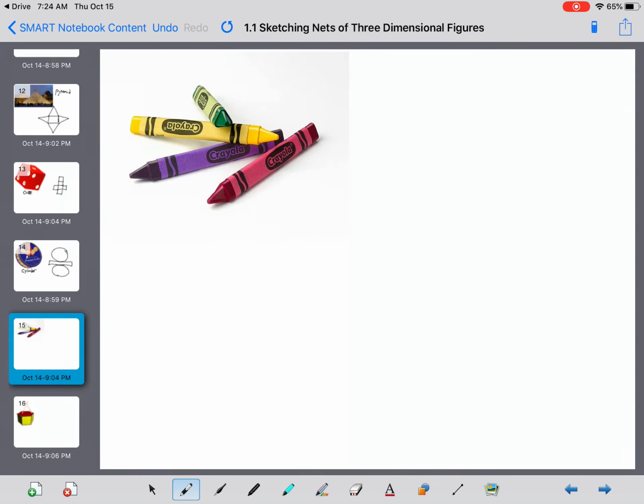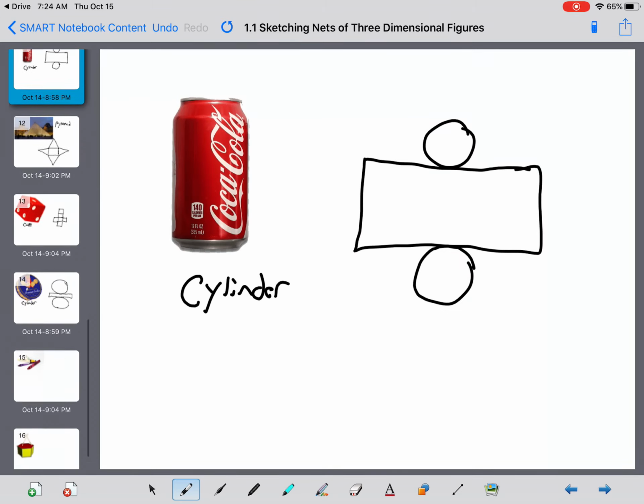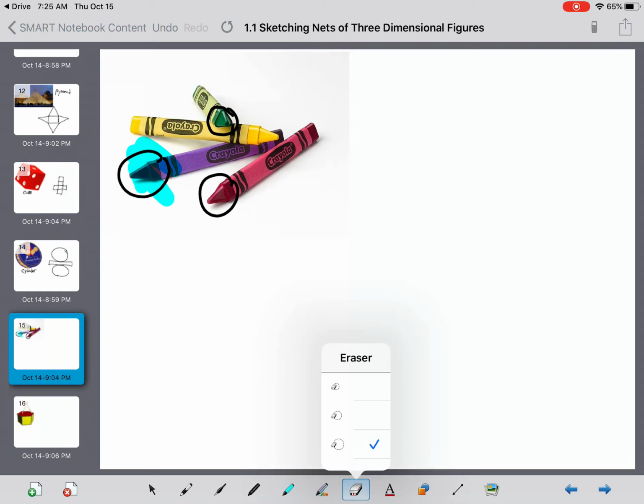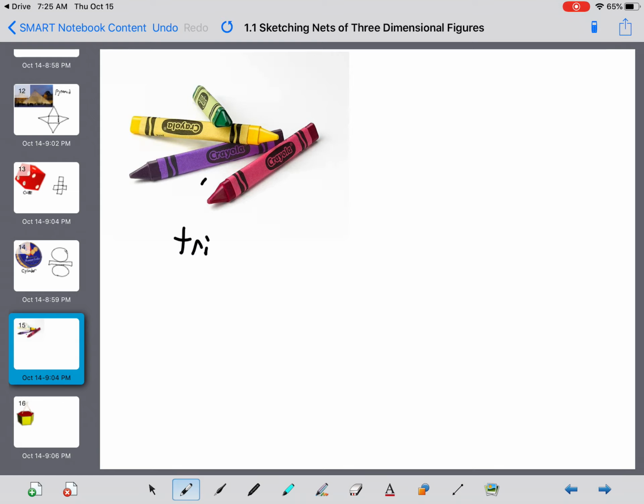Okay, these, I tried to give you a little perspective on them by showing a few different angles, okay? If you notice, the sides are flat, but the edge or the front and the back of the crayon itself, meaning here, are triangular. So we know that these crayons are a triangular prism.